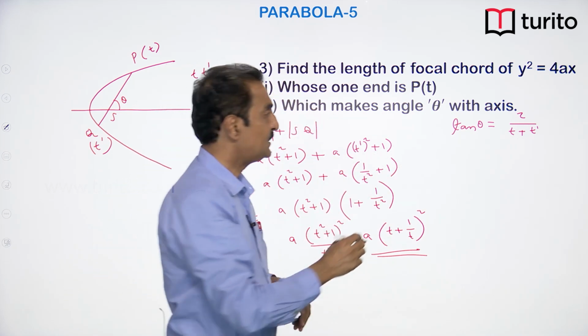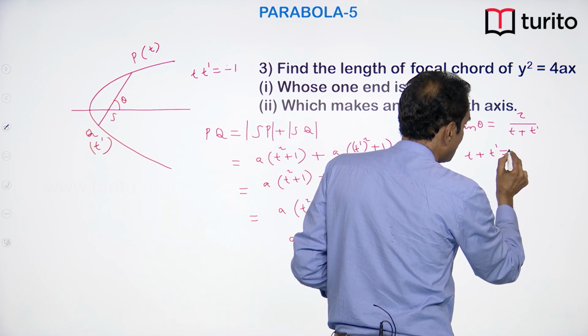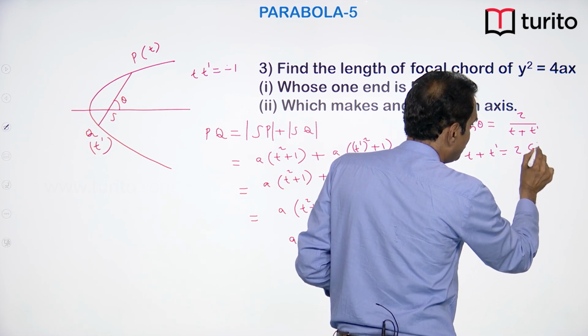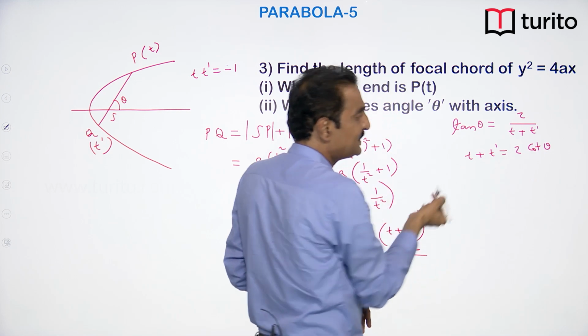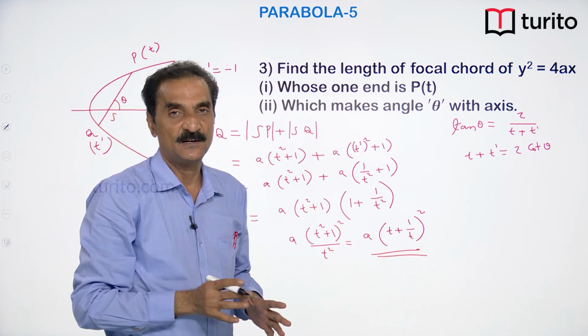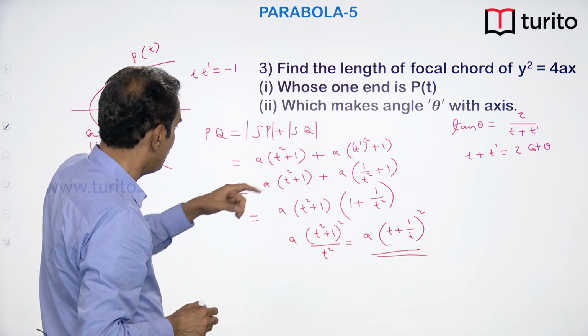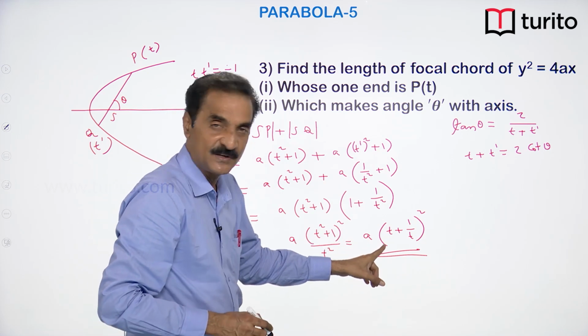Then we will get T plus T dash is equal to 2 cot theta. 2 by tan theta is 2 cot theta. We already have T T dash is equal to -1. Now, what do you want? Length of PQ.